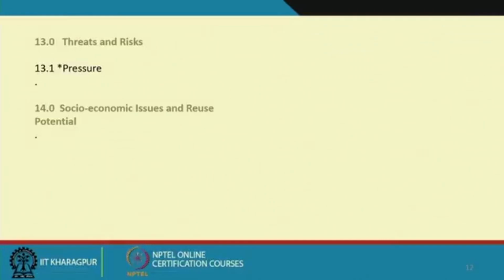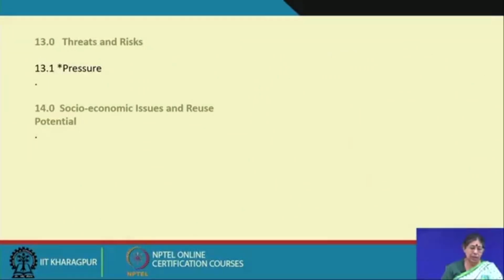And then comes the threats. One has to also talk about what the threats are and what the socio-economic issues are. Because, as I say, there is the past, present and future, we also have to see what the future possibility is, what the role of this structure is, and make some suggestion and ideation about what can be done.